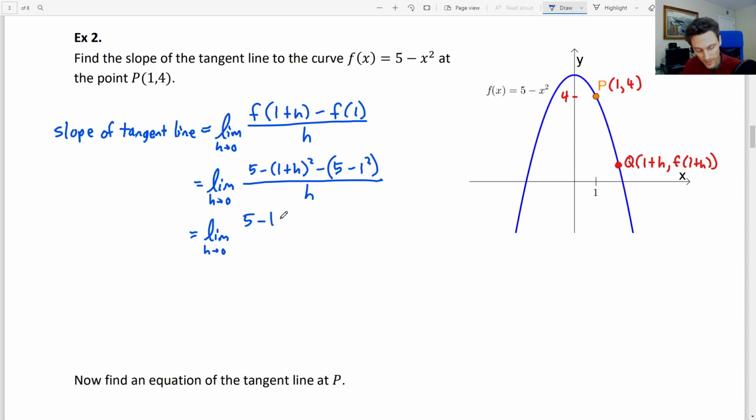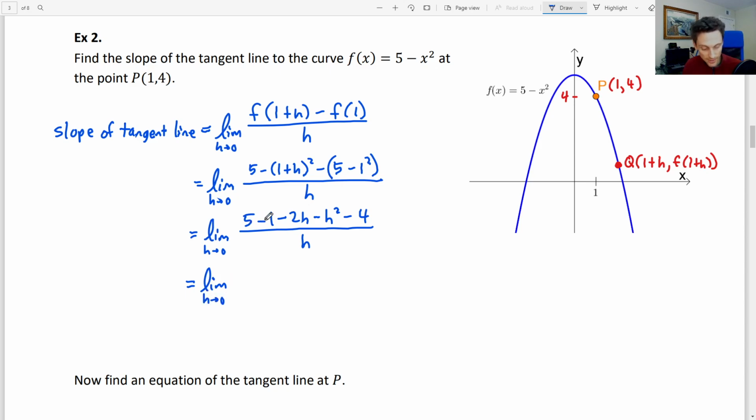So we're going to have minus 1 minus the 2h that you get in the middle, minus h squared. Don't forget that middle 2h. When you expand something in the form a plus b squared, you have a 2ab in the middle. It's not just going to be the first thing squared plus the second thing squared. Okay, so this evaluates to the 4 that we talked about earlier. Let's keep going.